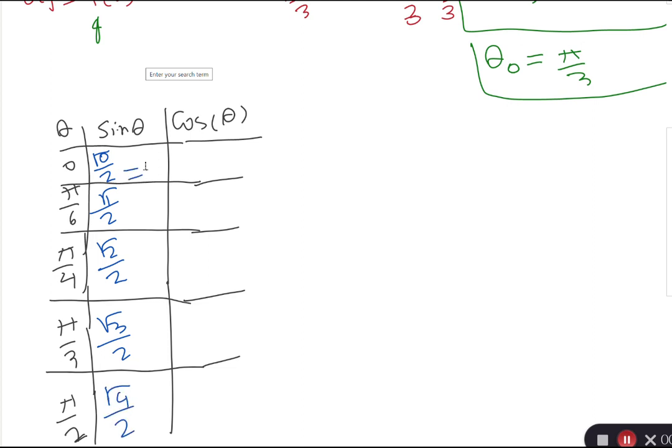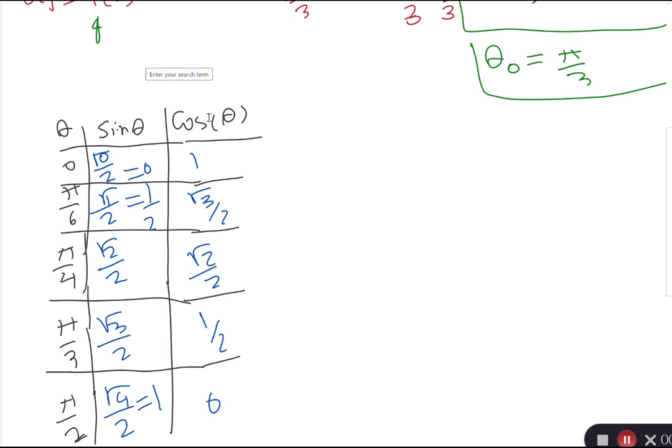The first one is just 0, the second one is 1/2, the third is square root of 2 over 2, square root of 3 over 2 on the fourth, and the last one is just 1. Then you reverse the order, starting from 1, square root of 3 over 2, square root of 2 over 2, 1/2, and 0 for cosine of theta.